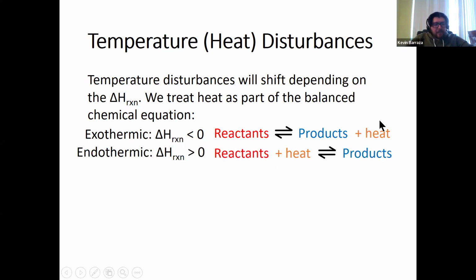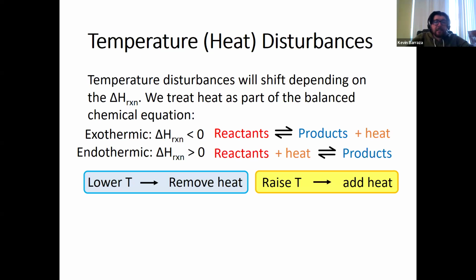If it's endothermic, so delta H is a positive number, we're absorbing heat. We treat heat as a reactant. And so with this in mind, if I lower the temperature, it's like I'm removing heat. And if I'm raising my temperature, I'm like adding heat.